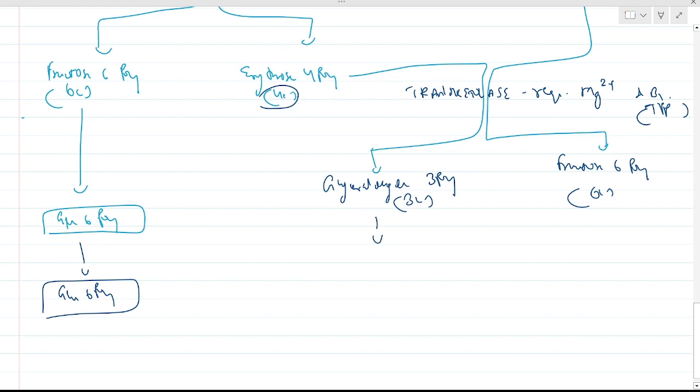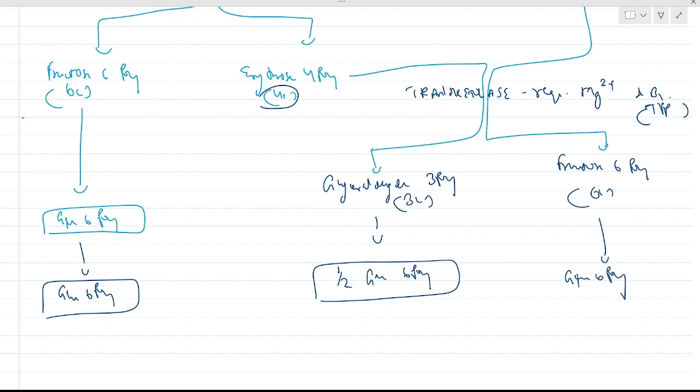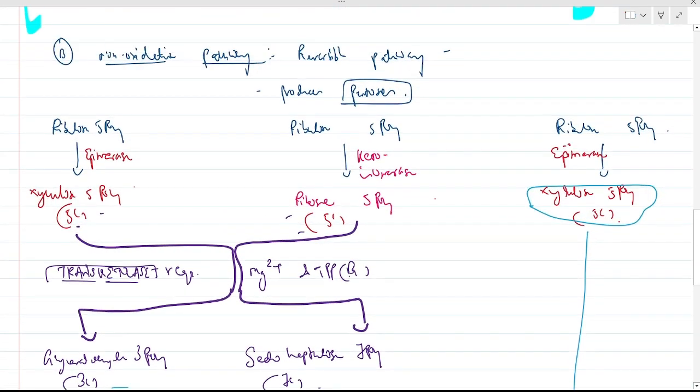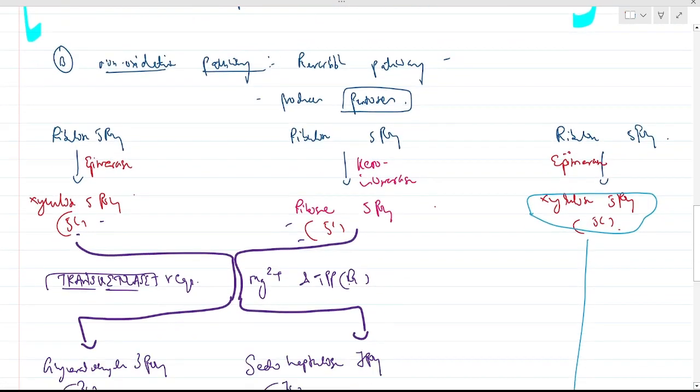Glyceraldehyde 3-phosphate is 3-carbon, which is equal to half of one glucose 6-phosphate. Okay, and this fructose 6-phosphate is again converted finally to glucose 6-phosphate. Finally, altogether 3 glucose phosphates in their different forms are produced. So this was the total non-oxidative reversible pathway of the HMP pathway.